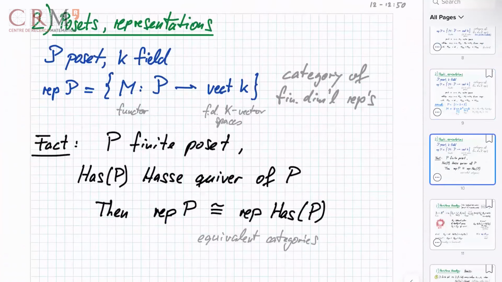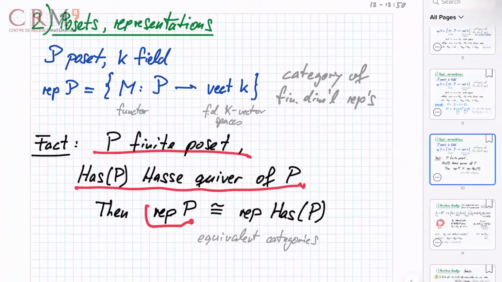Let's formulate this as a fact. Mathematicians are trained to certain keywords, theorem, proposition. I wouldn't call this a theorem or a proposition, and I wouldn't know where this is written anyway. So let's call it a fact. When I have a finite poset and the Hasse quiver of this finite poset, I can do two things: I look at the representations of the poset, or I look at the representations of the quiver.